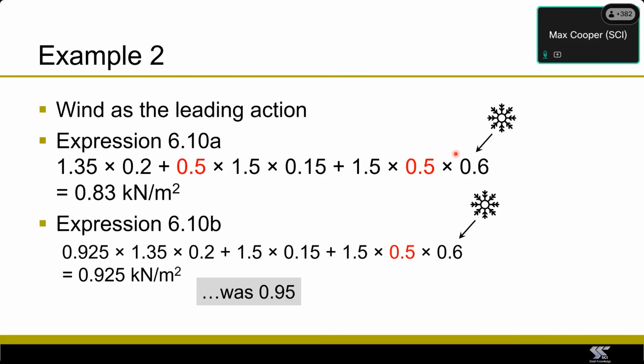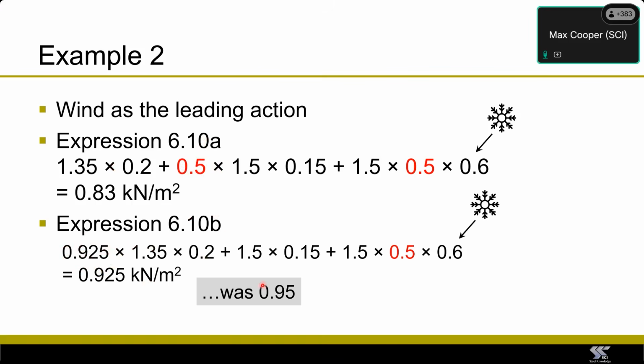So now we will look at the expressions 6.10a and 6.10b again. I won't bore you with all the numbers again, but just to say that when we use 6.10a, we introduce the psi naught for the leading variable action again. And when we look at 6.10b, we introduce the xi factor at a level of 0.925.